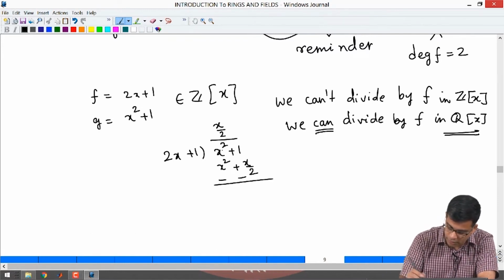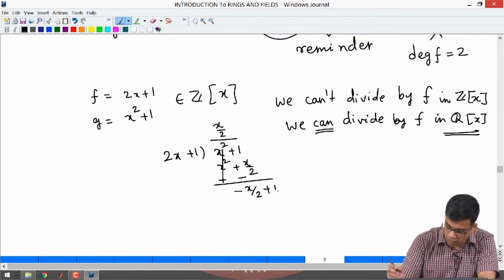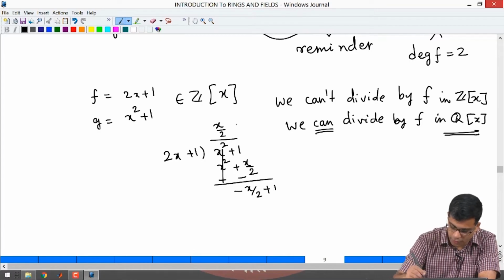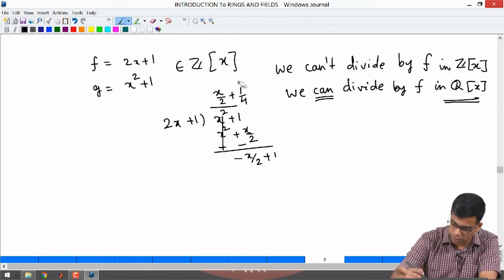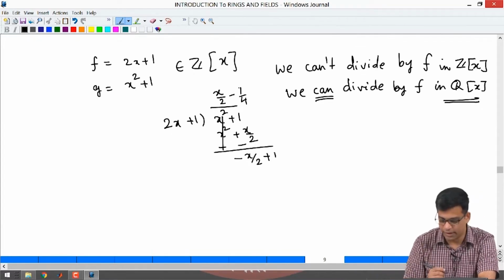Now if you subtract, this will go away, and this will be minus x by 2 plus 1. Now, to get minus x by 2, what you will do is minus 1 by 4 really, because you want to get minus x by 2.